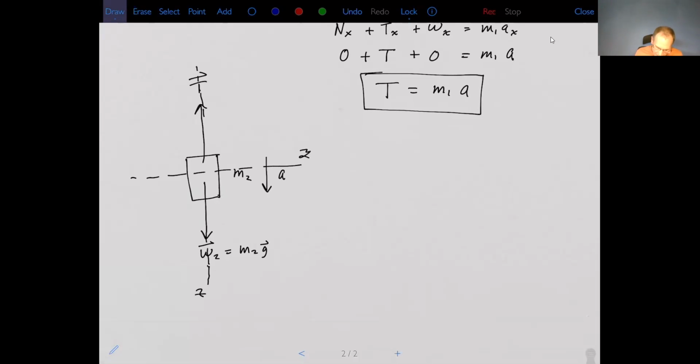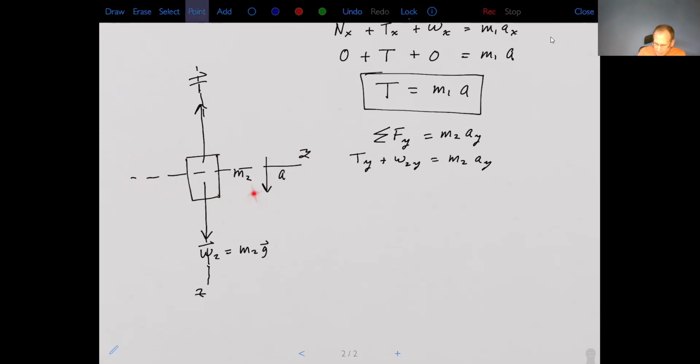Okay, so now I'm going to apply Newton's second law again. I have the sum of the forces in the y, and that's got to equal m2 ay. Well, I want the y component of the tension plus the y component of the weight. That's going to equal m2 ay. Remember, I defined my coordinate system so y is perpendicular.